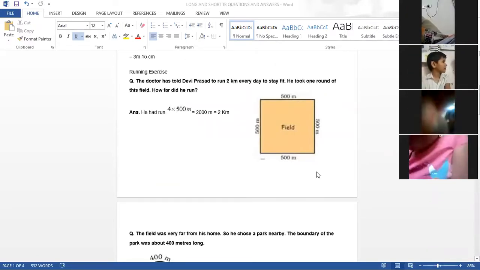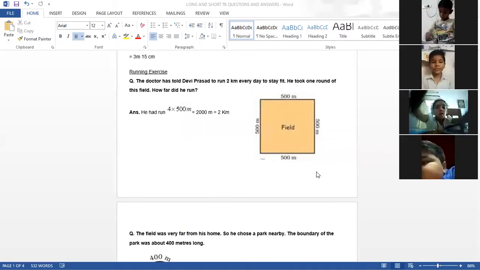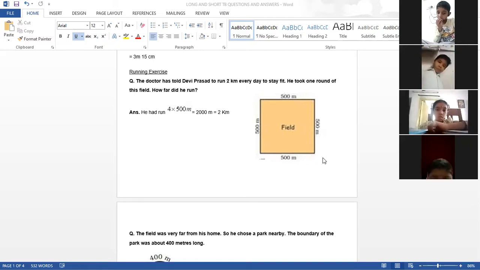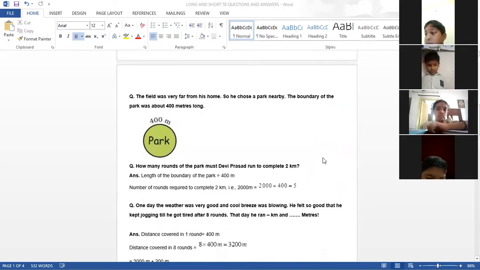You are taking so much time. Write the question. The answer is only two lines. Total distance covered is 4 into 500, that is 2000 meters, which is 2 kilometers. Okay, let us move to the next one in that case.